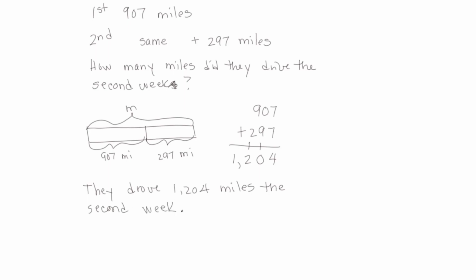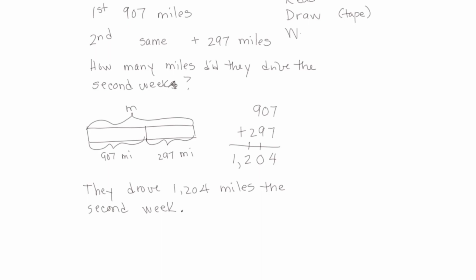And this strategy for solving word problems is called the RDW method, where R stands for read, to read the problem carefully and make sure you understand what it's giving you and what it's asking you. Then we're going to draw a picture of it. That's where we use our tape diagram.